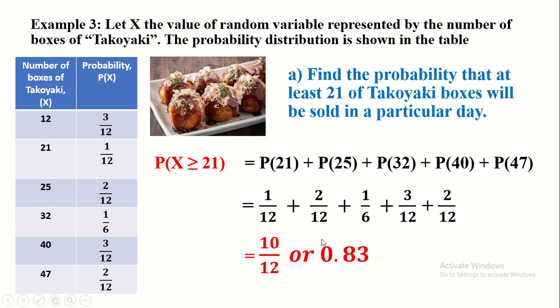Okay, ulitin ko po, ang ginawa po natin dito, dahil itong apat na fraction ay may pare-parehong denominator, i-add lamang natin ang kanilang numerator. 1 plus 2, that is 3. Plus 3, that is 6. Plus 2, that is 8. So, okay na tayo doon sa 8 over 12. Ngayon, nakita natin na may kakaibang fraction.